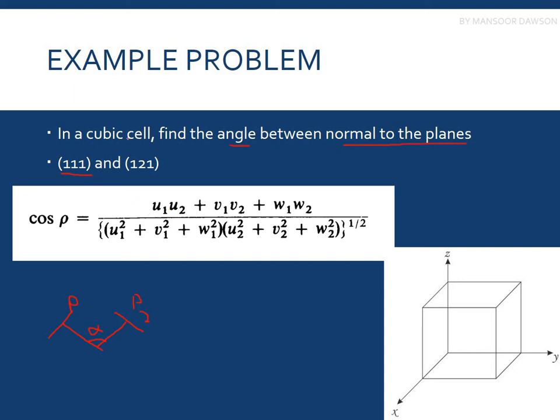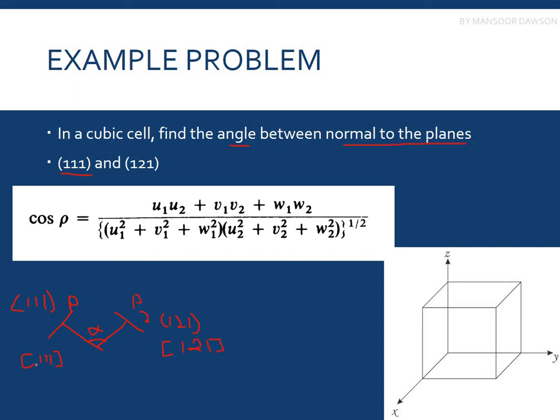To make it easy, I'll say that if the plane 1 1 1 has the direction 1 1 1, it will be perpendicular to this plane. And the plane 1 2 1 will have a direction which is perpendicular to this plane 1 2 1, with the same direction coordinates.